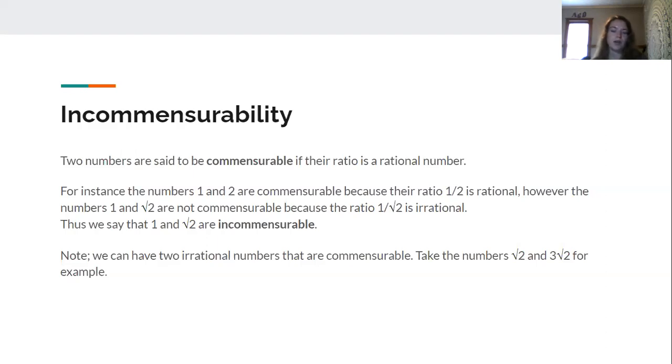But you can still have 2 numbers that are irrational that give you a commensurable number. So, for example, if we look at the numbers square root of 2 and 3 square root of 2, their ratio is going to be square root of 2 over 3 square root of 2. And if we look at that number, the square root of 2 is on top and bottom, so they're going to divide out, which leaves us with 1 over 3, which is a rational number.